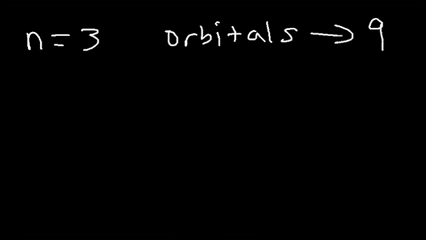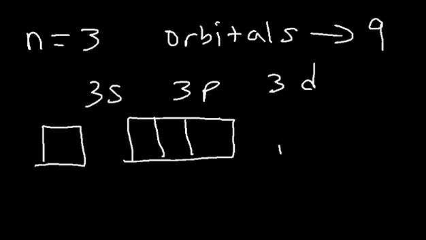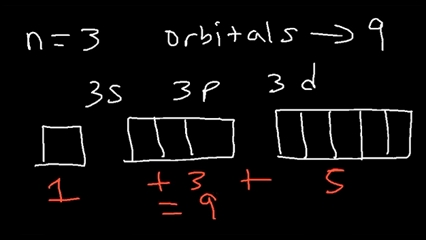In the third energy level, we know that there's 3 sublevels, 3s, 3p, and 3d. Now we know the s sublevel only has 1 orbital, it has 1 box. P has 3 orbitals, 3 boxes, and d has 5 orbitals or 5 boxes. So if you add the total number of boxes, it's 1 plus 3 plus 5, which is equal to 9. So in the third energy level, there's a total of 9 orbitals.